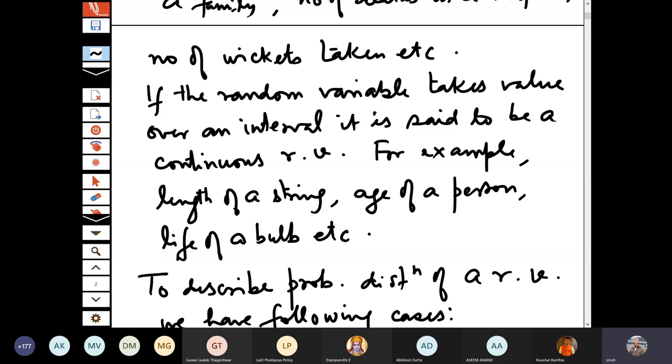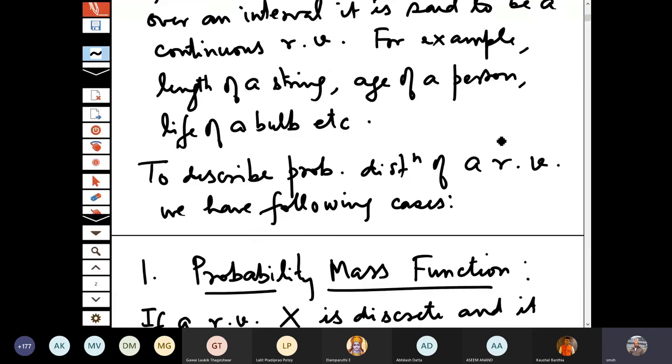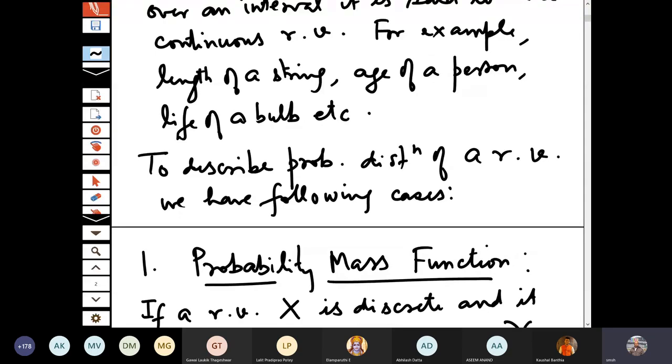So it is a value taken over an interval. Similarly, life is measured in months, then you can put more accuracy, days, hours, minutes, seconds, and then more parts of that. For example, time to complete a race, and so on. Then it is said to be a continuous random variable.